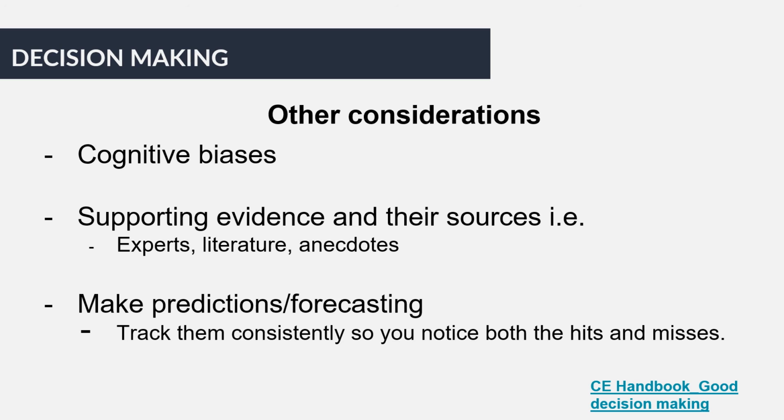Therefore, making predictions or forecasting is important, through consistently recording your previous predictions or previous experiences, that will enable you to predict in the right way and ensure that the decision which you have made for the future is the right one.